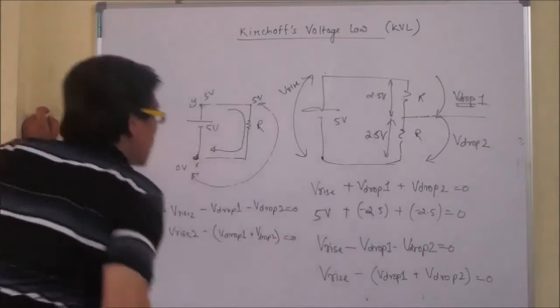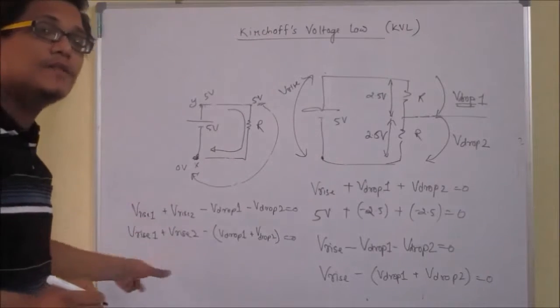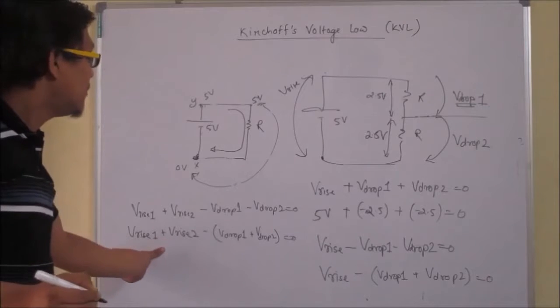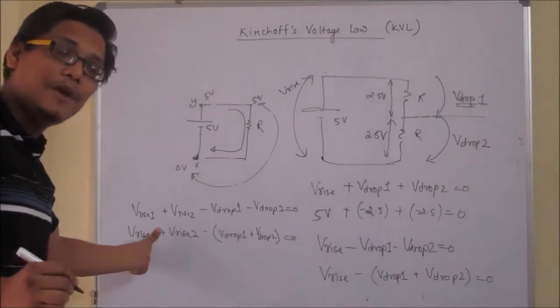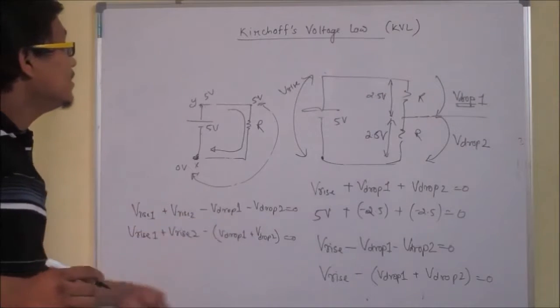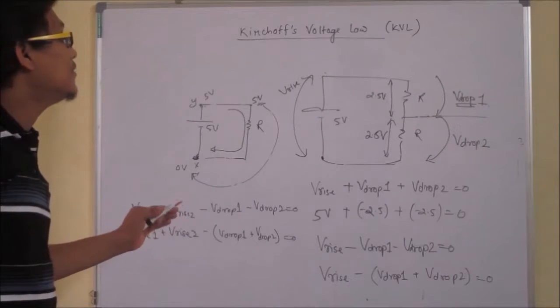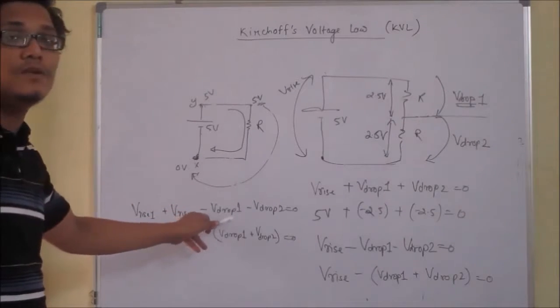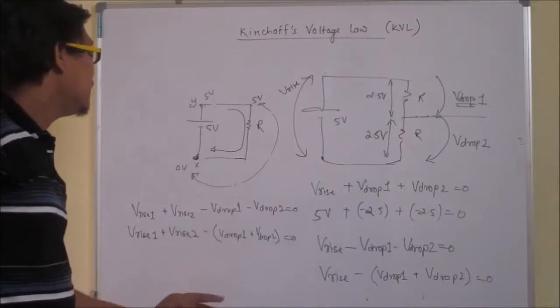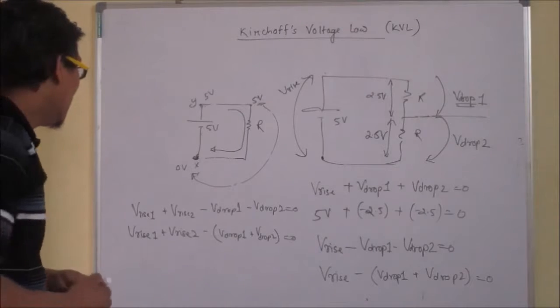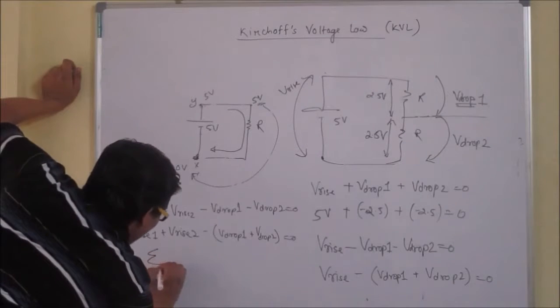If there are as many voltage sources, energy giving sources, then we will be writing them by plus, and the voltage dropped by energy consuming elements will be written in negative, and I will be taking the negative sign outside. And can I write this way?